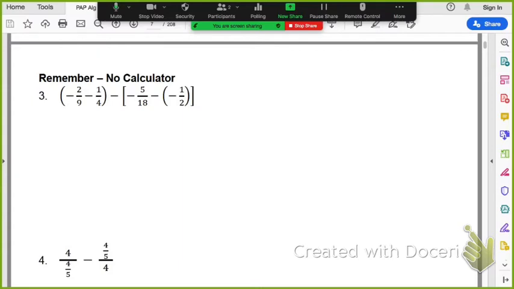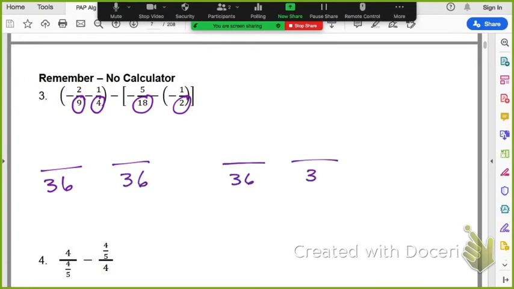So I'm going to circle all of my denominators. And what is the number that they all have in common? What could they all have a denominator of? 36. So I'm going to make these little 36s. Here, 4 of them.